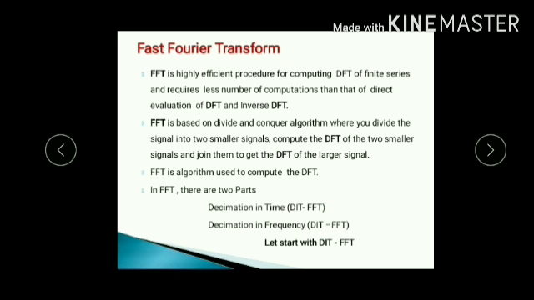Right. So in FFT, there are two parts. One is decimation in time, that is DIT FFT, and the second one is decimation in frequency, DIF FFT. So let's start with DIT FFT.